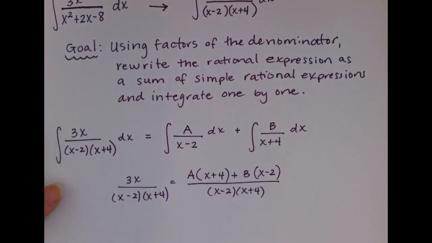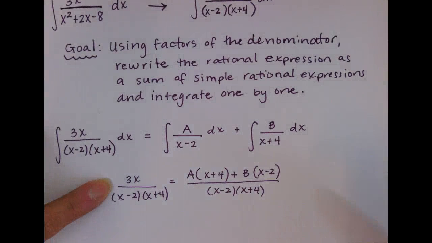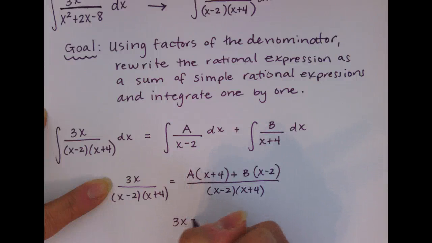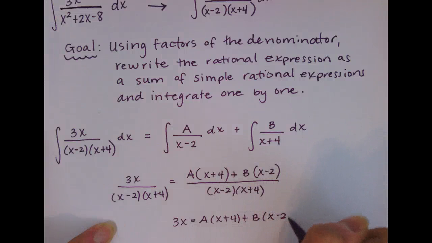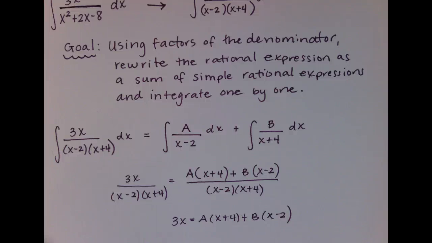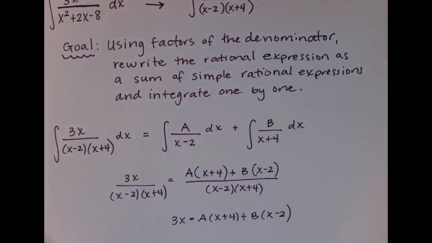Well, in this case, we want to just focus on the numerators, because we already know what the denominator is. It's the A and B that we're curious about in terms of what each of those expressions should be.